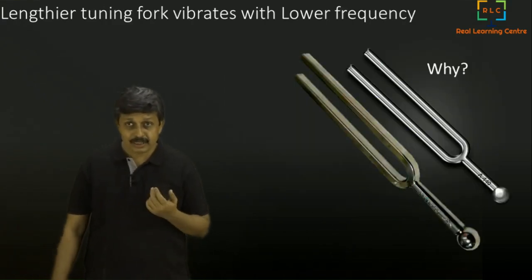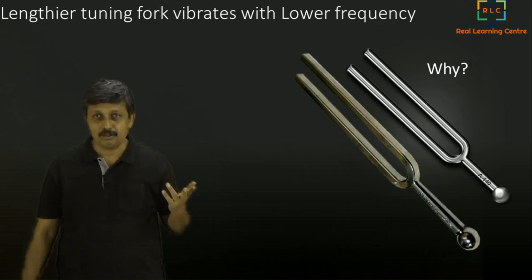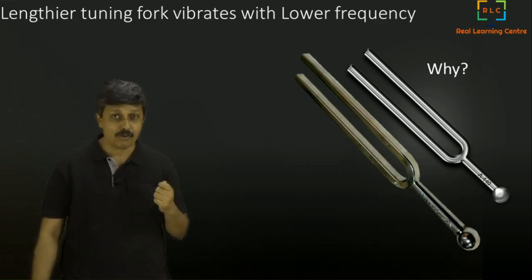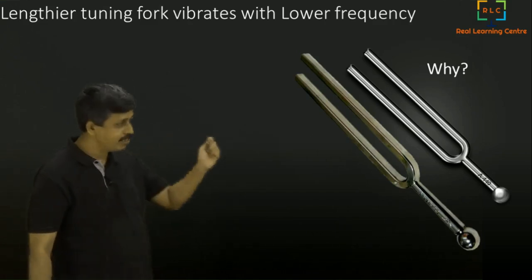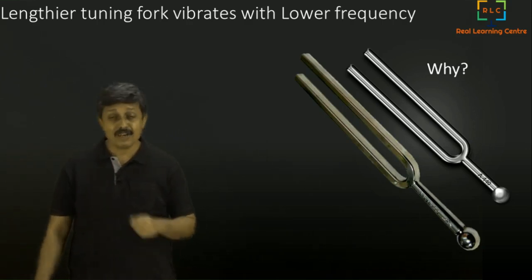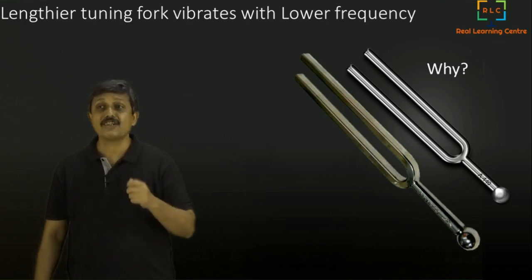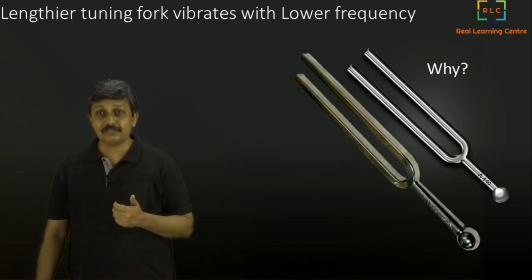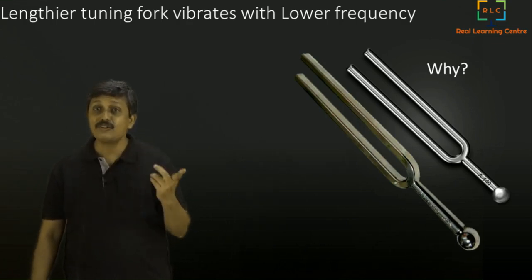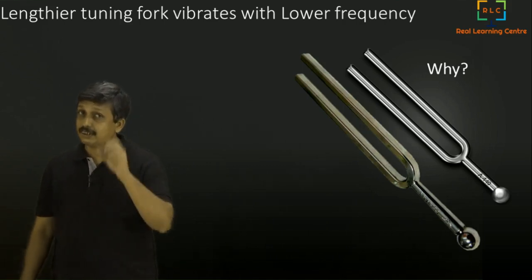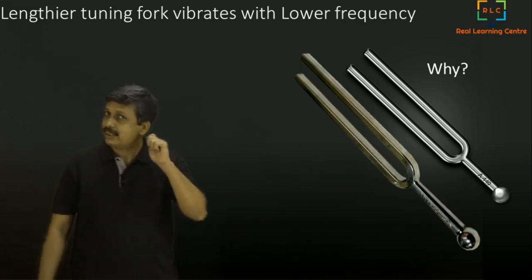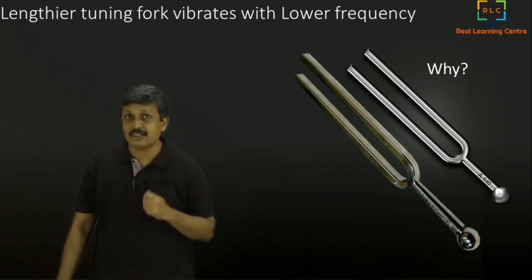And if you look at a tuning fork, for example, okay, we talked about a tuning fork. A tuning fork is something which vibrates when you hit it. The way it vibrates depends simply on the length of the tuning fork. The longer tuning fork vibrates with lower frequency. The frequency can be heard. You can keep it to your ear and hear the frequency.